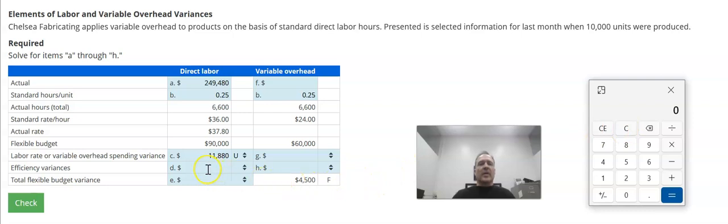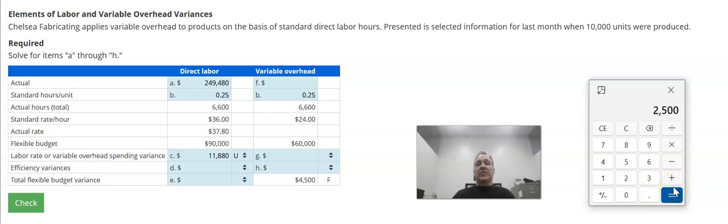Okay. What about efficiency variance? Well, okay, let's think about this. We have 6,600 hours that we used, but what did we expect to do? Well, we said that we were going to make 10,000 units and that we anticipate we can make a unit in 15 minutes. So if that's true, we could just simply take this 10,000, multiply it by 0.25.